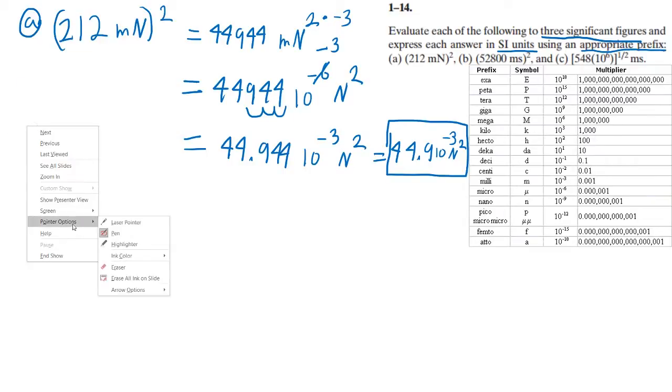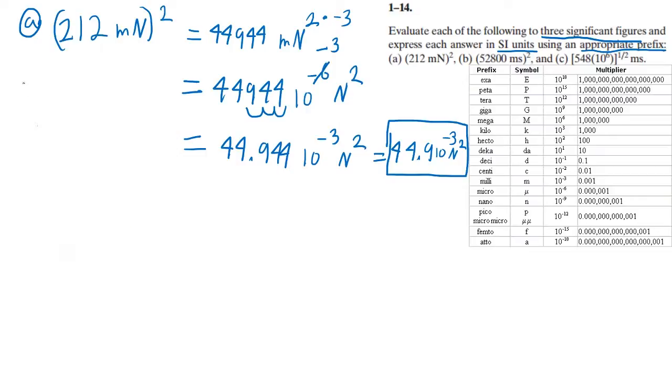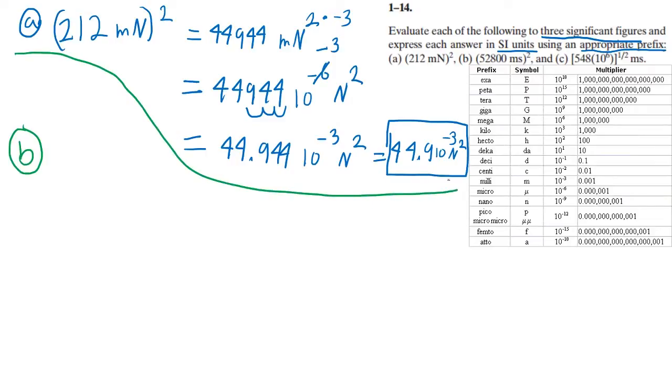So then I'm changing the color again because this is going to be bad. So we got B. And B looks like it's going to be a quite big number. So 52,800 milliseconds and all of that squared. So this is a doozy.